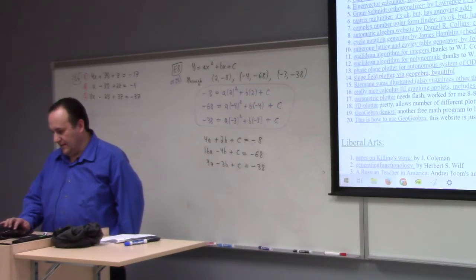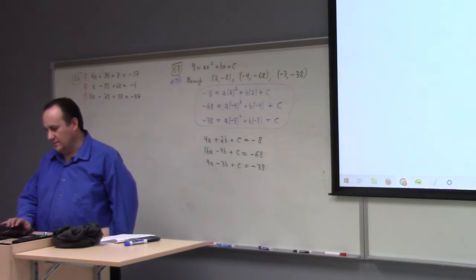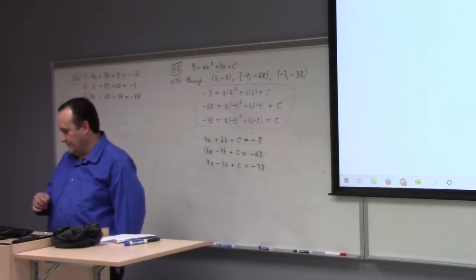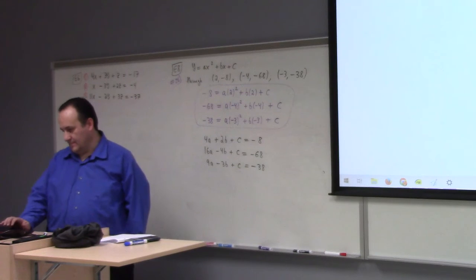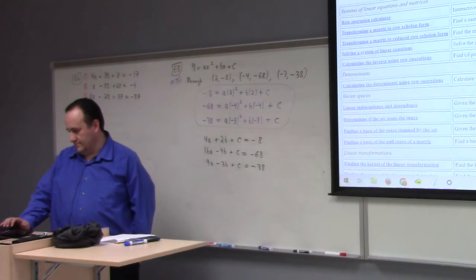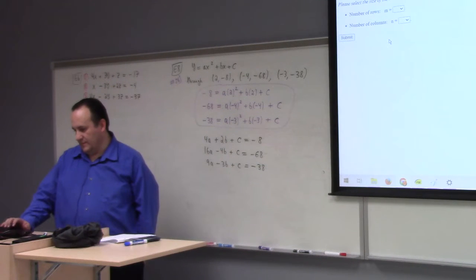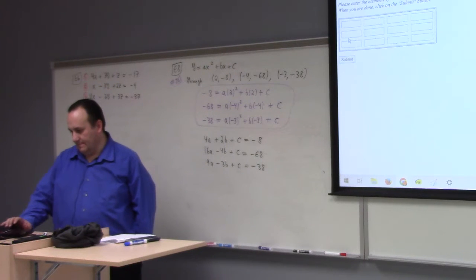Number 3 on that calculates transforming a matrix to reduced row echelon form. If I go 3 and 4, there's 3 rows and 4 columns.